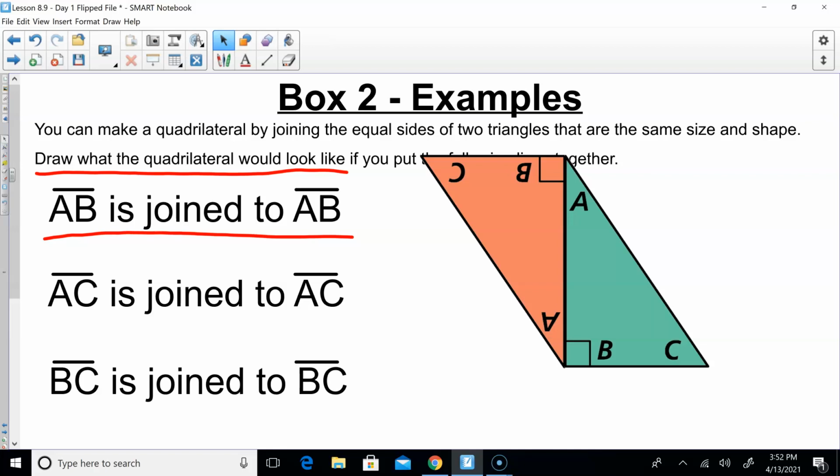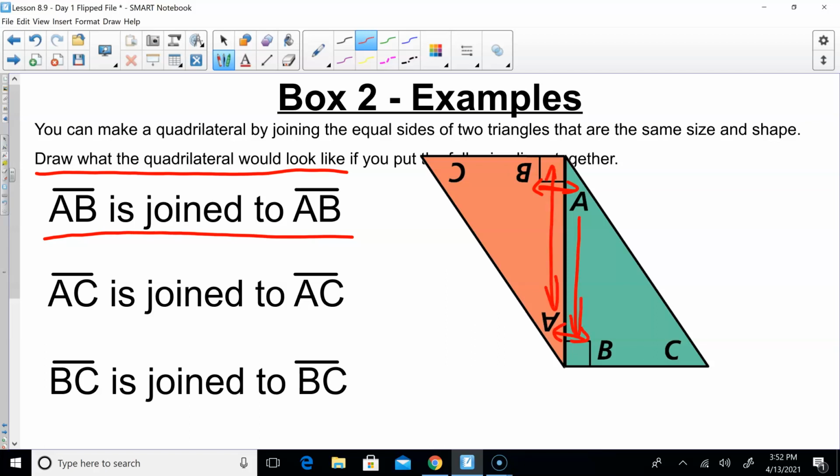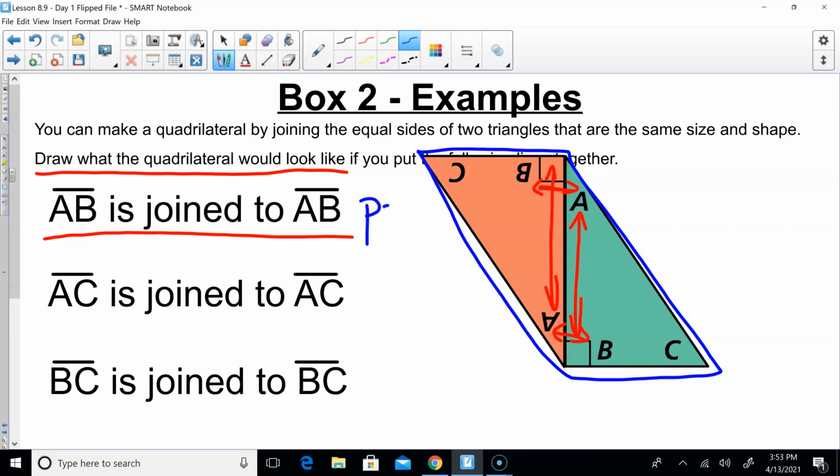This isn't A to A, and this isn't B to B. But that's okay because this is line AB right here, and this is line AB, and those two lines are touching. Now we have to look at the outside shape we created. It looks like if we join AB and AB together, we have a parallelogram.